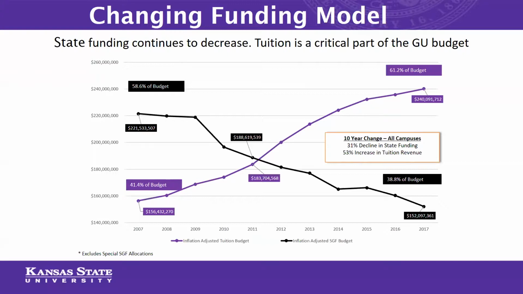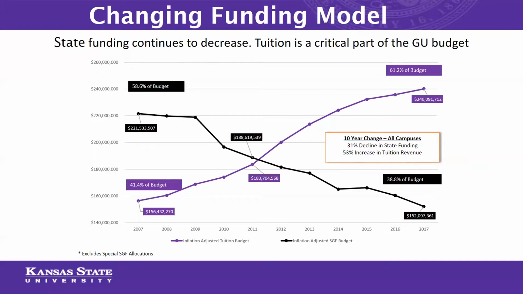They have cut us, and we are receiving less state dollars over this period. But there's also the impact of the state not maintaining its investment level. As our operating costs have gone up, the state hasn't matched those costs dollar-for-dollar. So we've had to rely more and more on tuition revenue coming into the institution to keep up with our rising costs that we incur every year.